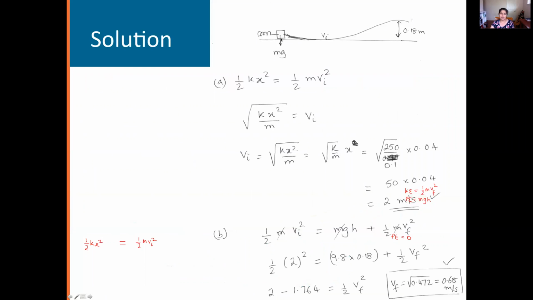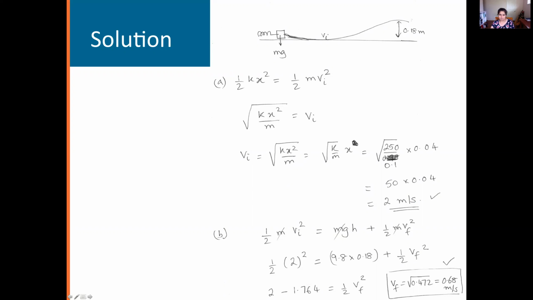So this is part A, 1/2 kx squared set equal to 1/2 m v_i squared for the car before it goes up the slope. We solve for v_i, and it's going to come out to be 2 meters per second. Okay? And then part B, when it's up here, so 1/2 m v_i squared, the initial energy of the car.